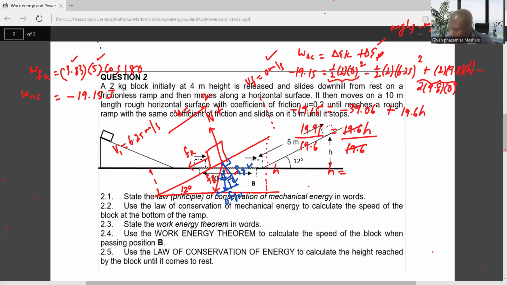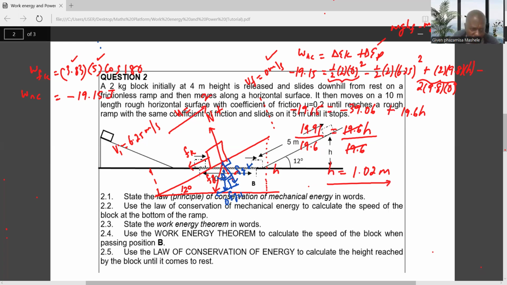My apology. 39.06 minus 19.15 is 19.91. 19.91 divided by 19.6. Okay. So this will give us a height of 1.2 meter.